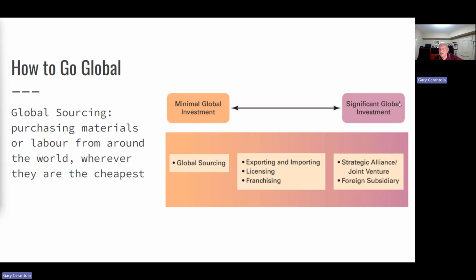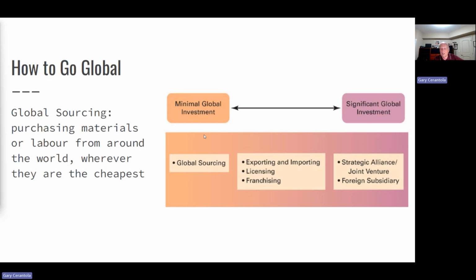The significant one is when you're all in, so the risk is much higher and the control is stronger. In the minimal, the risk is much lower, but you can't control your brand as well because you've got other players, and you need to seek total alignment, right?